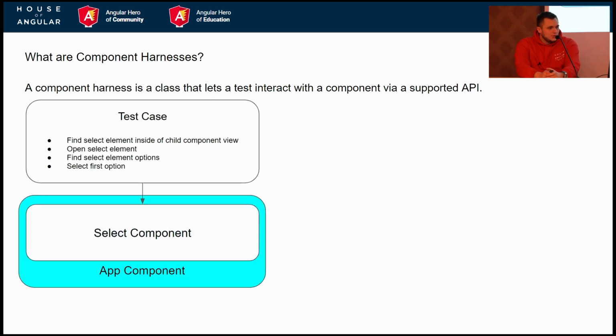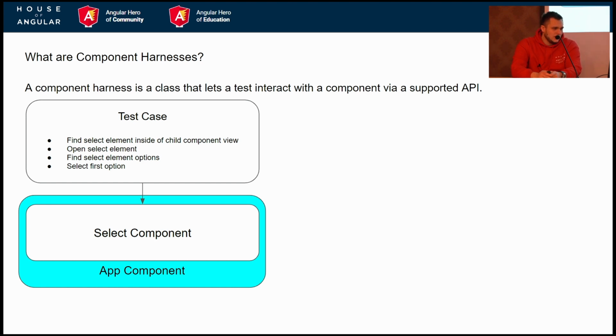Let's take a look at how it will look graphically. So there is a first case. Let's say we have an app component, in scope of which we have the select component, and selecting some kind of option in scope of this select will affect our app component. But let's focus on this small unit, the select component, and the interaction with it. I prepared some steps which we will for sure have to take in scope of our test case to manipulate that select component.